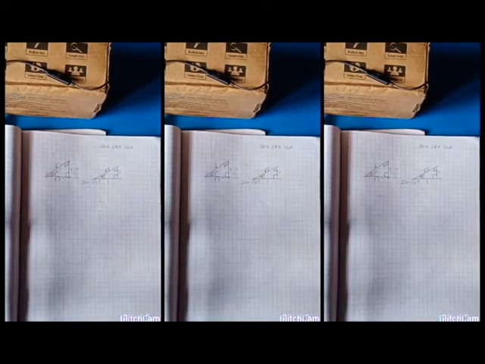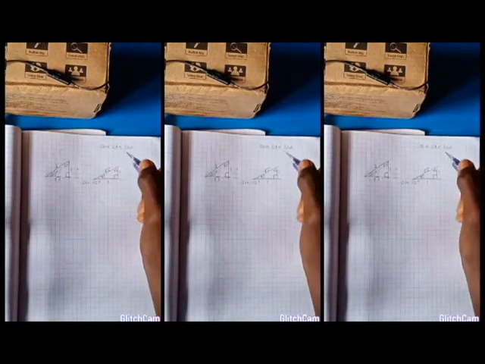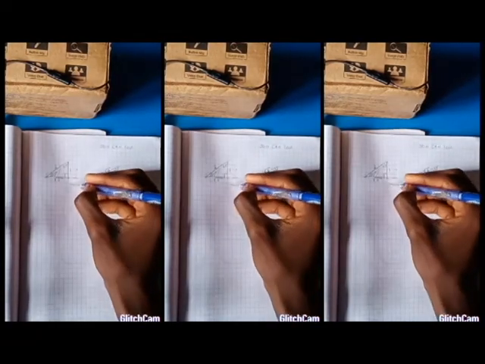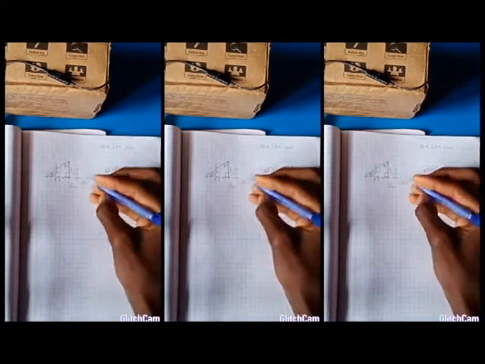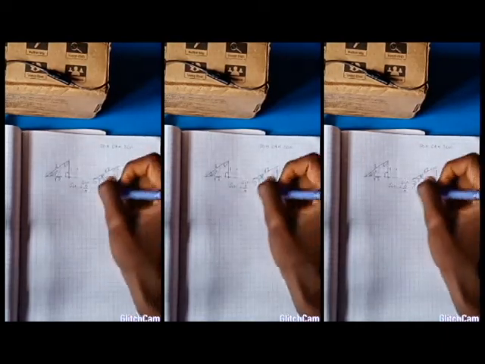Knowing that sine equals opposite over hypotenuse, we can plot it in the triangle.